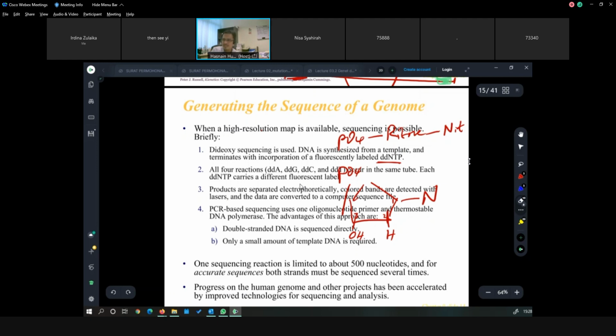Based on this, when you want to extend the DNA strand, say downwards, you remove the hydrogen and the phosphate will do phosphodiester bonding, so this one will have another nucleotide, isn't it? And then this one will be H, this one will be OH.